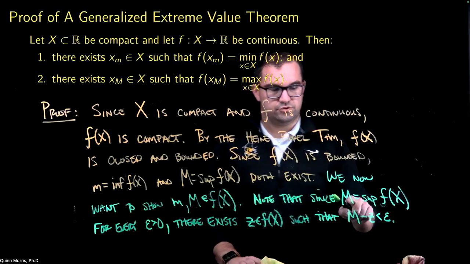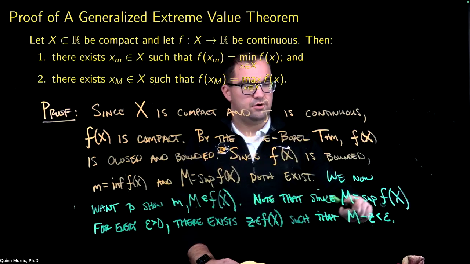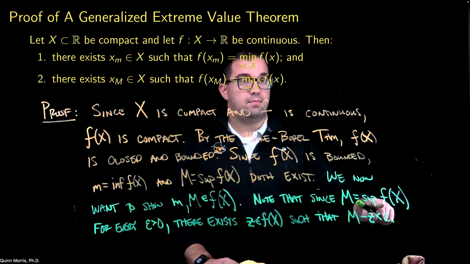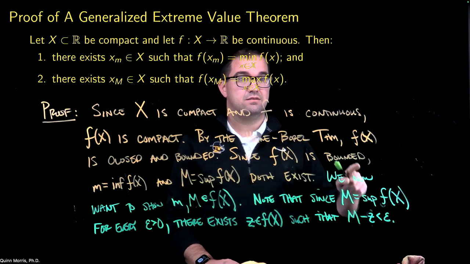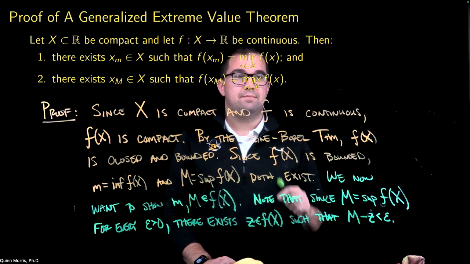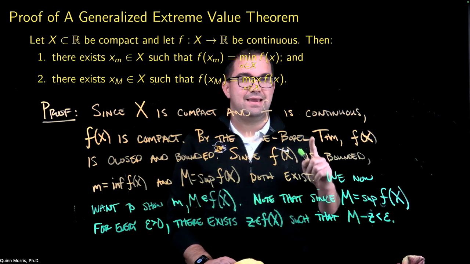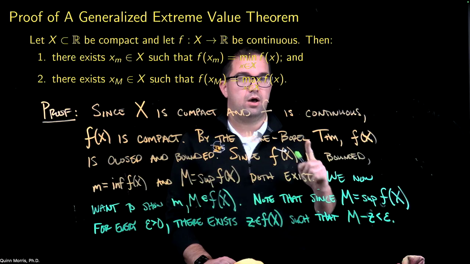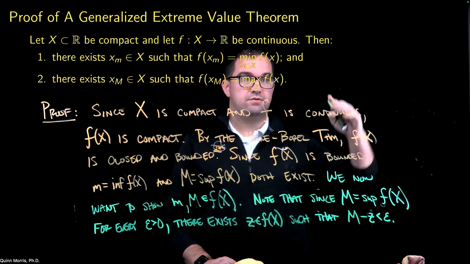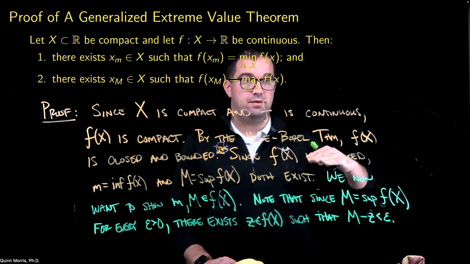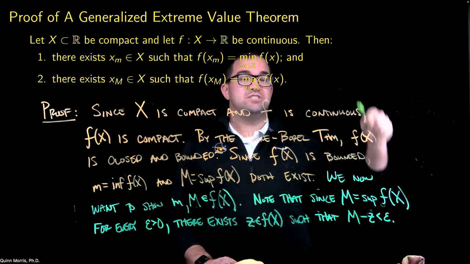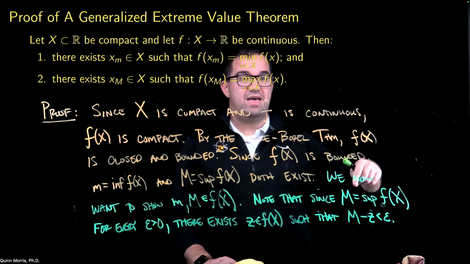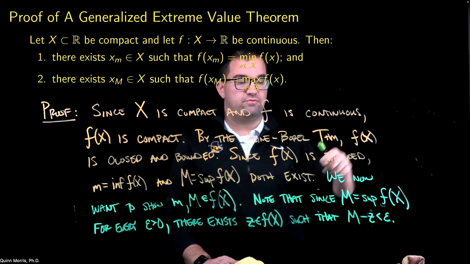So to see why this is true, we have M defined as the supremum of f of x. That means M is the least upper bound. That means if you tried to have an upper bound that was smaller than m, you couldn't do that because you would find some element of your set which was bigger than that smaller value.